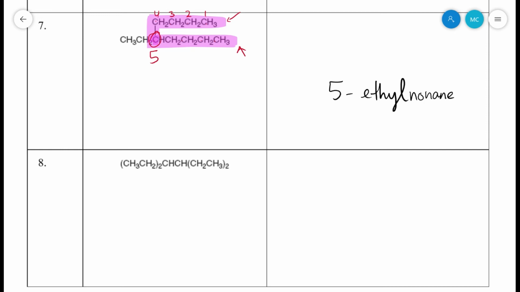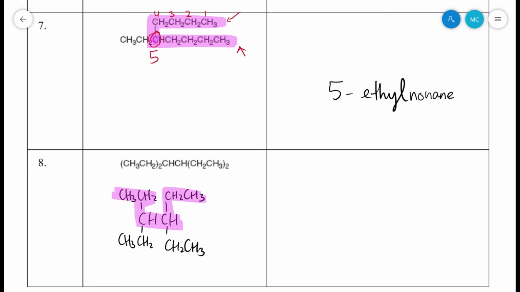Number 8. So let's expand the structure on number 8 a little bit more. CH, CH, CH2, CH3, CH2, CH3, CH2, CH3, CH2, CH3. Let's highlight the longest carbon chain. So this will be the longest carbon chain. Okay.